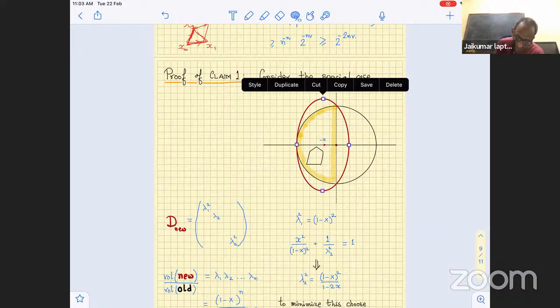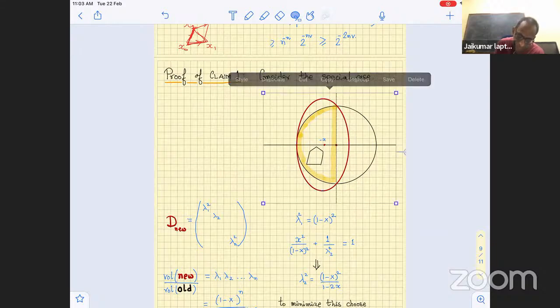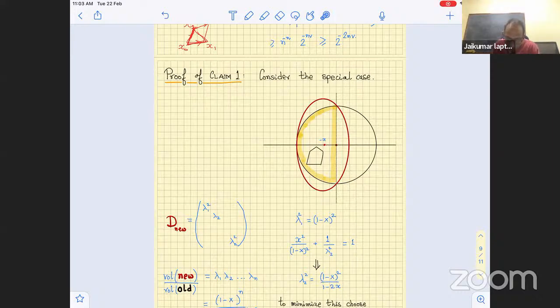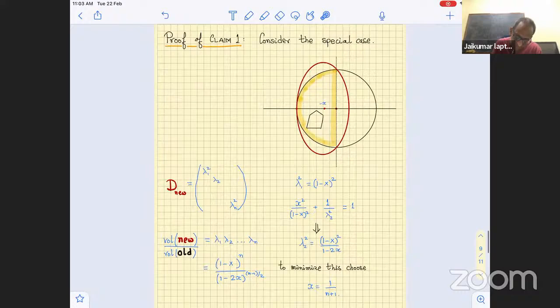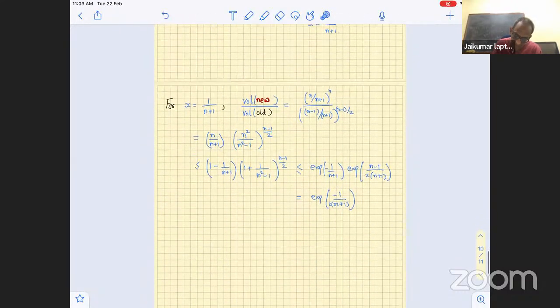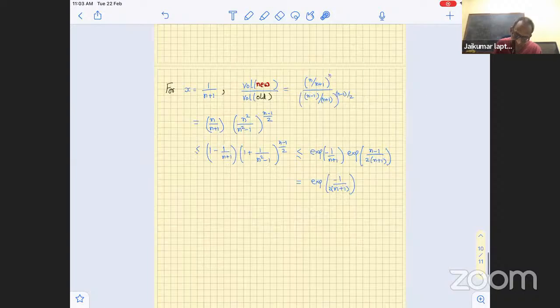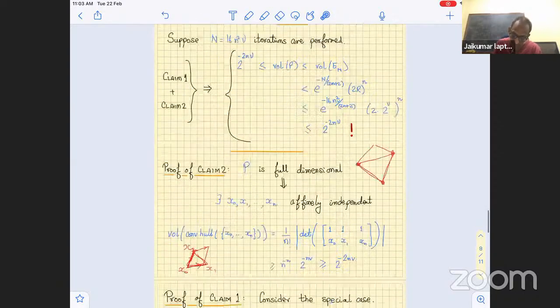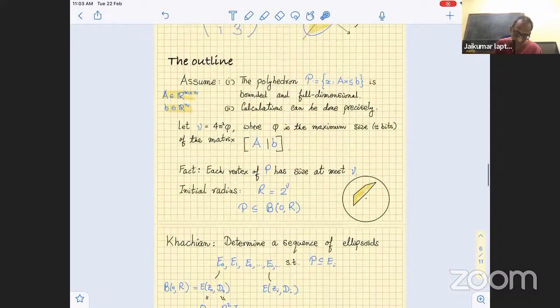Let us say that center was minus x here. You can find out what this minus x should be. Let's assume that the ellipsoid sits in this position. What should minus x be? Then compute the volume of this ellipsoid, and it will turn out that the ratio of the volumes is e to the power this, which was our claim. But I'll stop here.